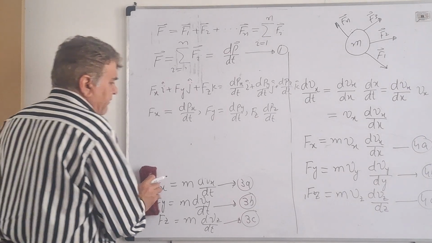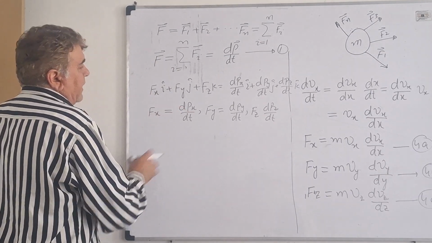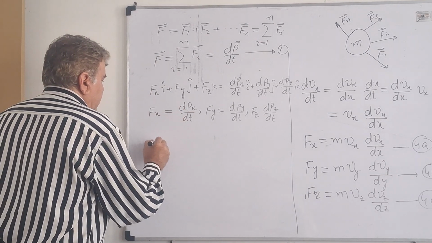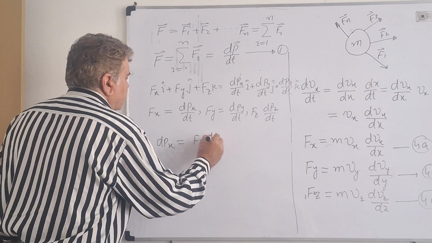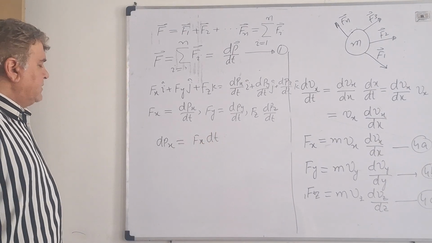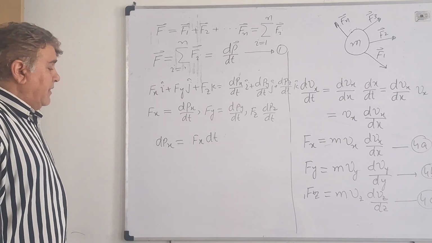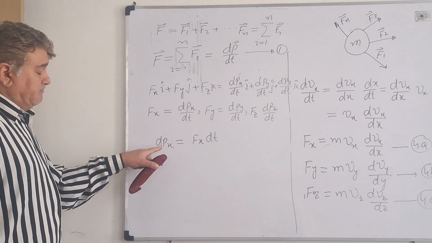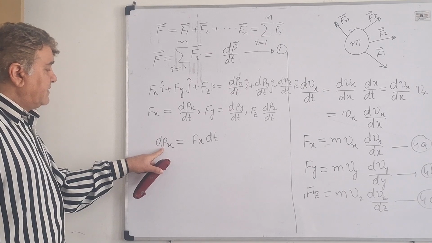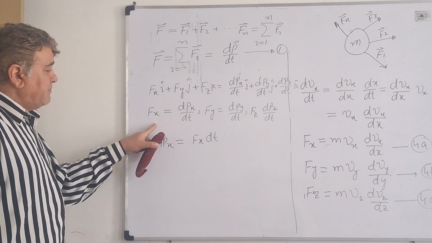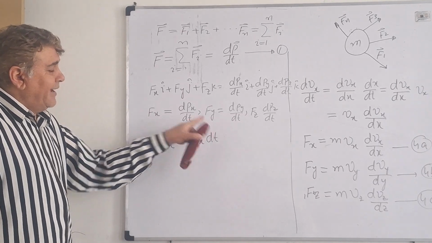Now, let me play with one of these equations. I can rewrite this equation in the form dpx equals F sub x dt. And I can integrate this equation if I know the initial conditions. Let the initial momentum along the x-axis be p sub ix, and the final momentum be p sub fx at times ti and tf.